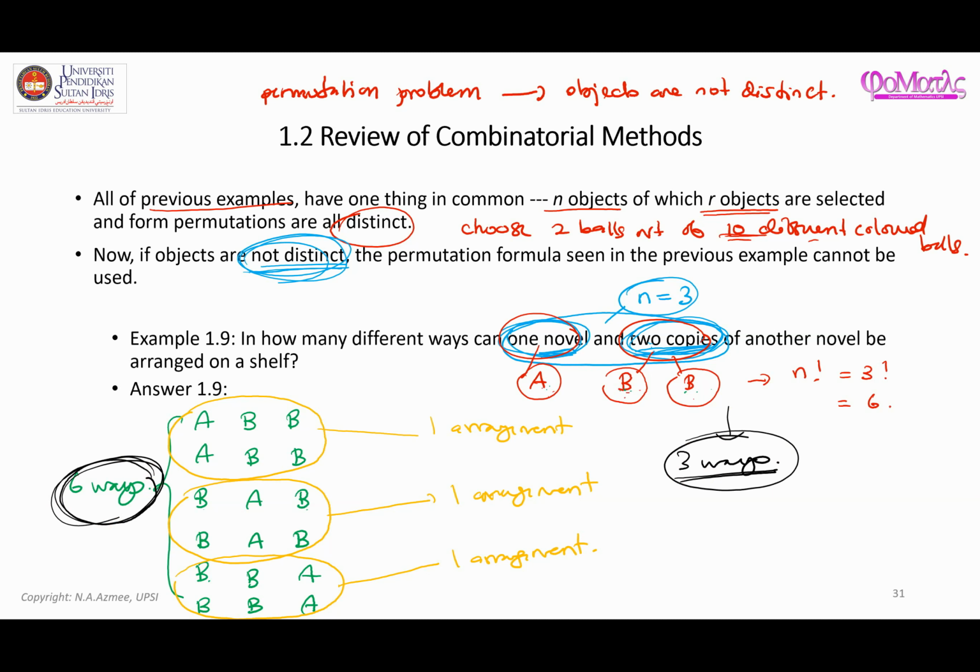So for example 1.9, the answer is going to be three ways. If you have one novel and two copies of the same novel, the number of arrangements of these books on the shelf is just three ways.